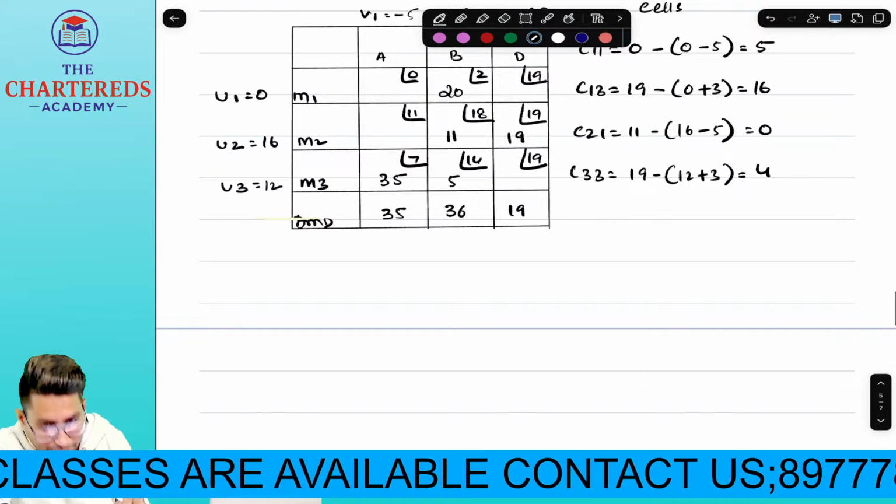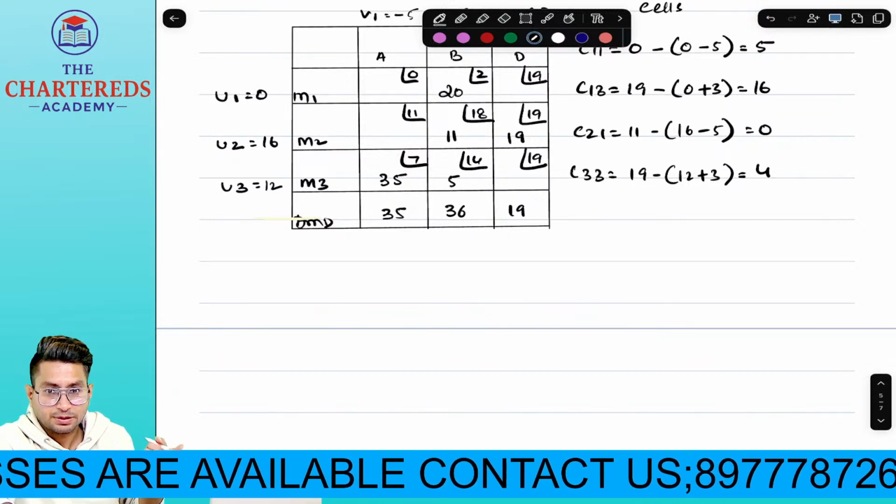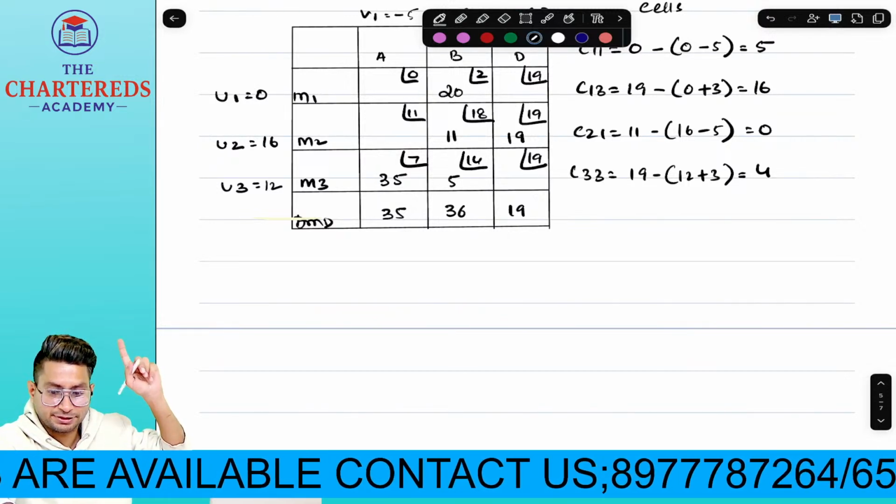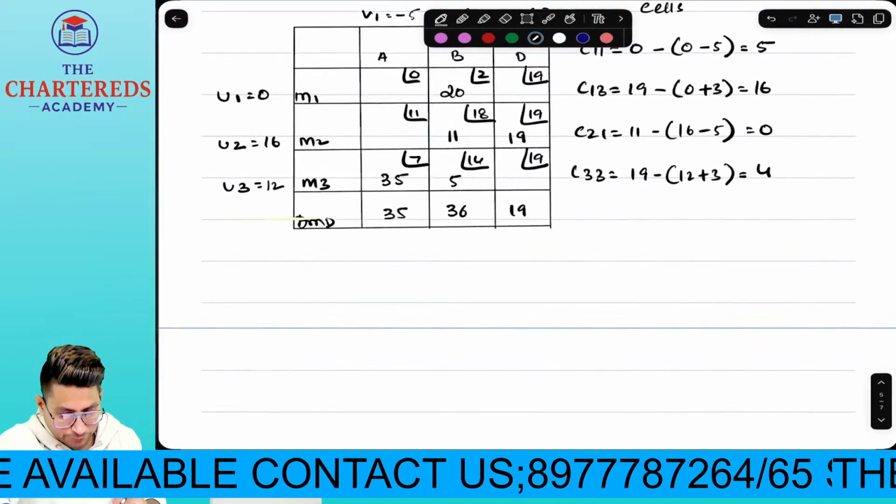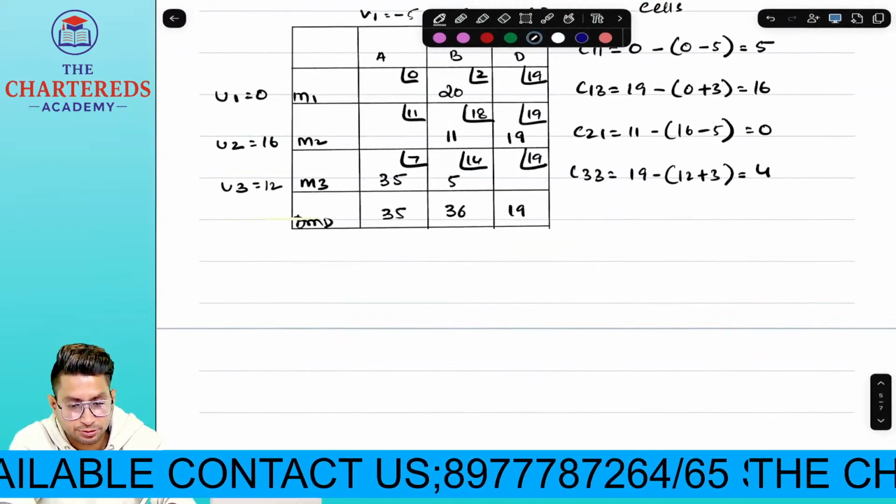So now we have no, not cost, profit. First we got the profit matrix, right? You have to calculate profit. See the question and check what they are asking us to calculate.